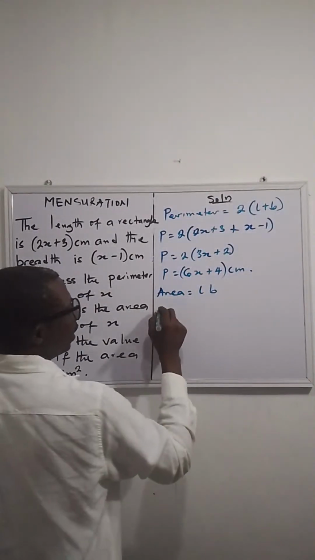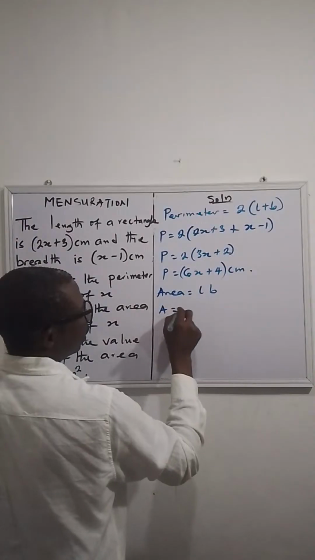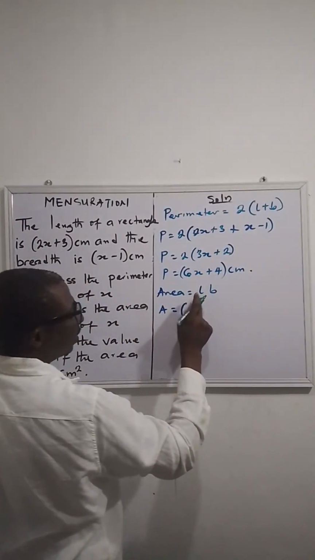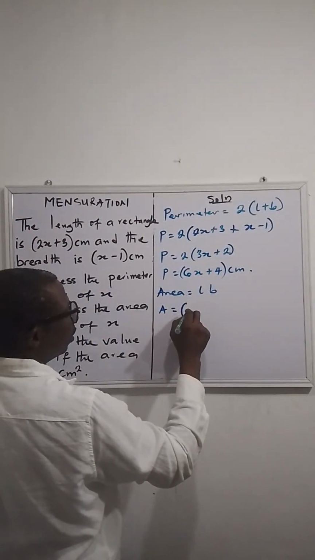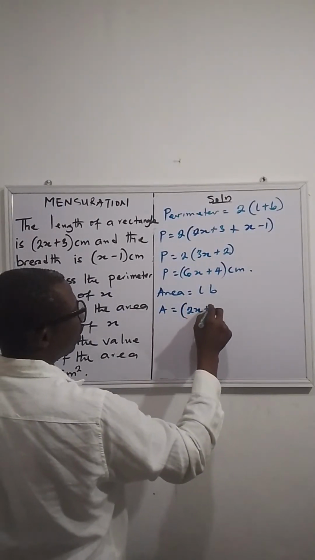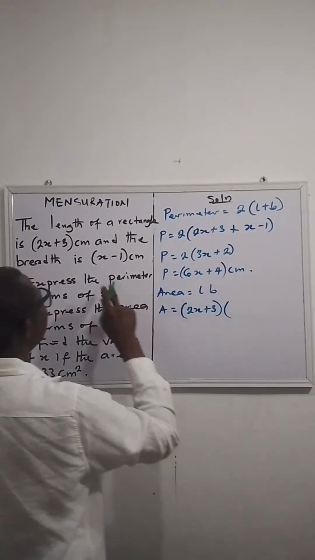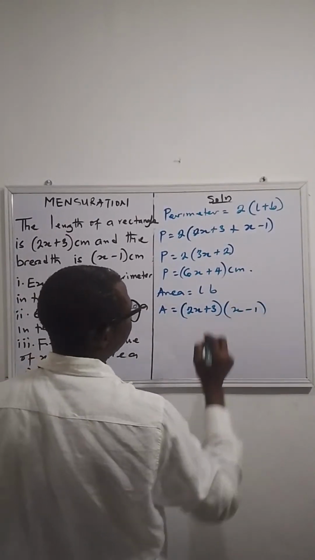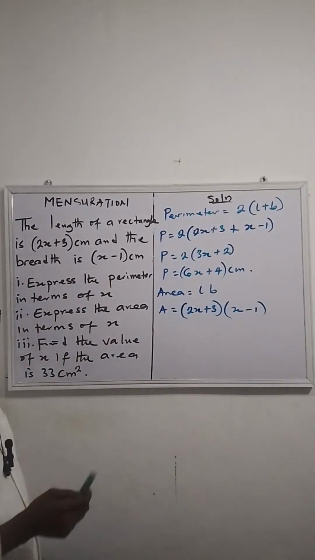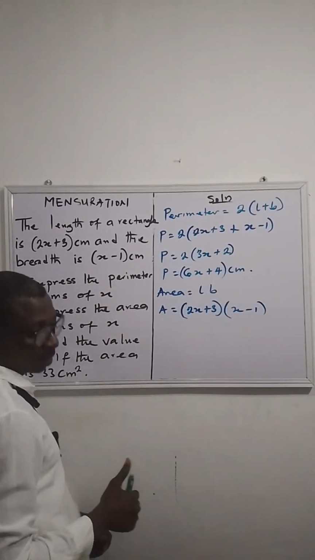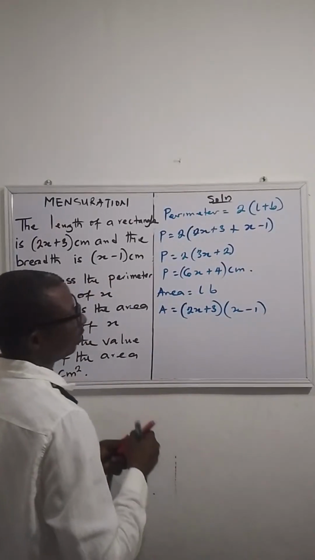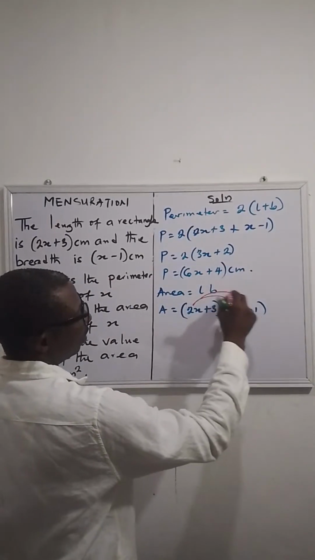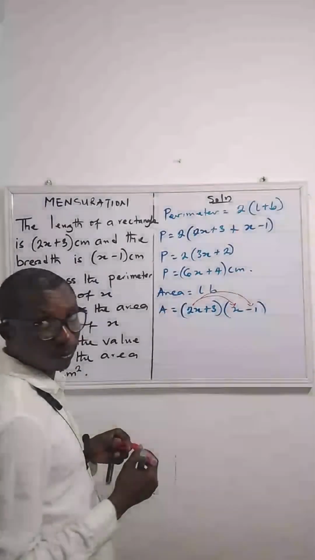In this case, the length has been given, so instead of writing L, I have 2x plus 3 times the breadth, that is x minus 1. All right, so let's simplify this. To expand this, the first term here multiplies this and also multiplies this one.